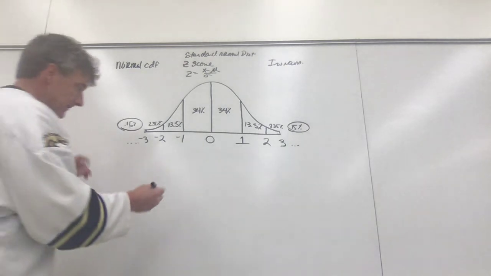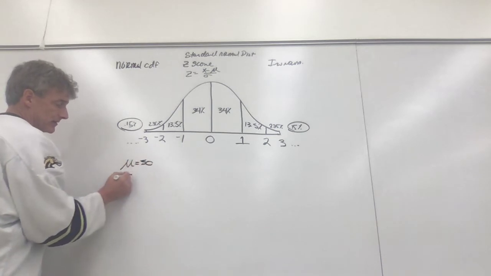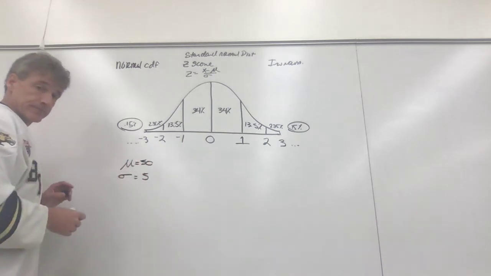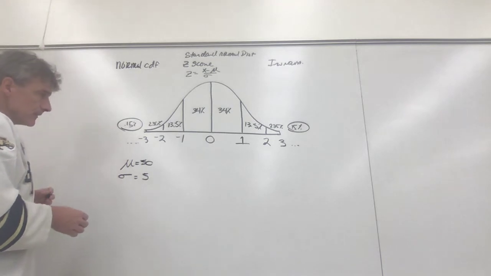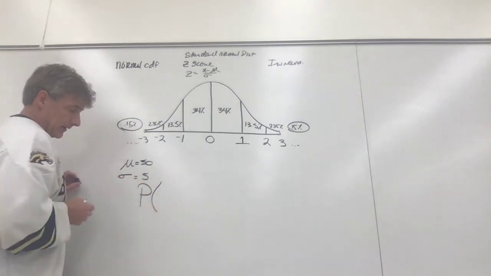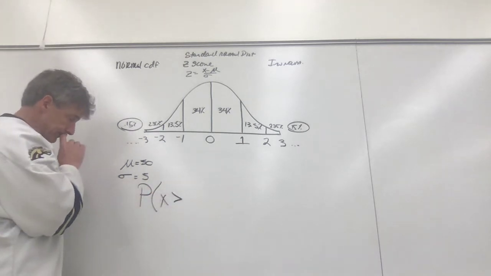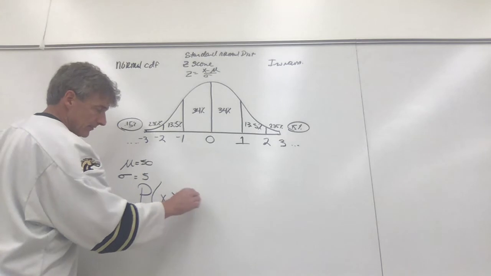So pretend that the mean is 50 and the standard deviation is 5, and we would like to find the probability that our x value is going to be greater than 58.